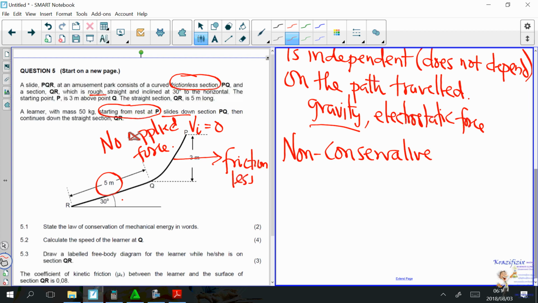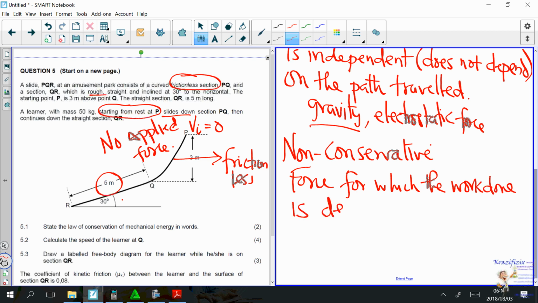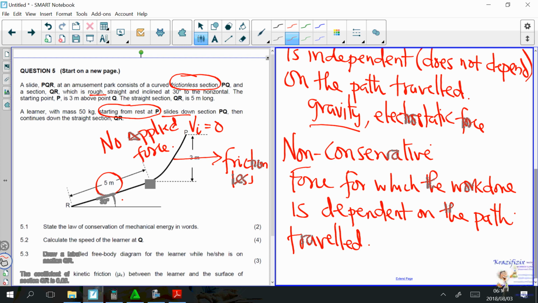It is a force for which the work done is dependent on the path traveled or path taken, whichever one.